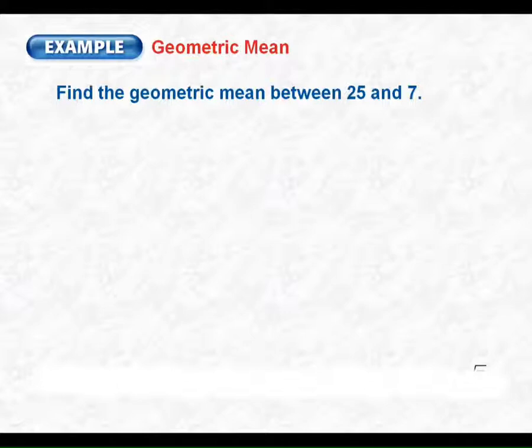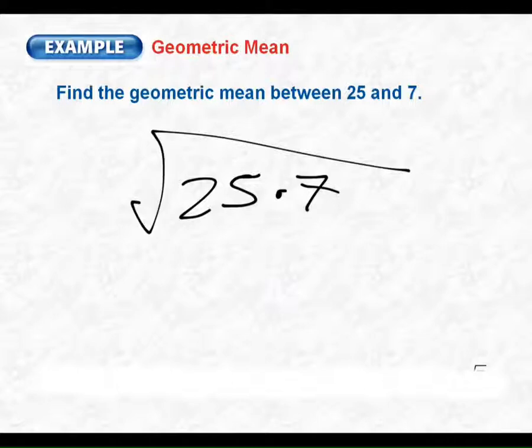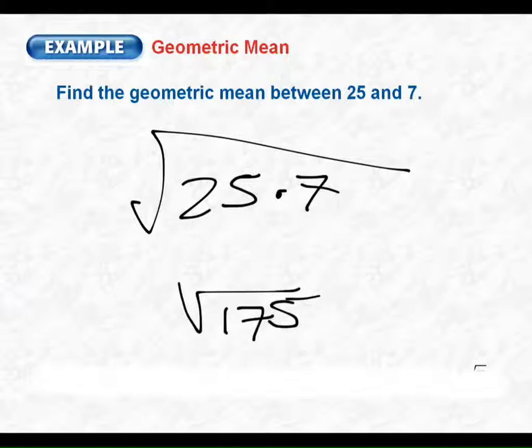All right, so let's check this one. The positive square root of their product. The product, 25 times 7, I want the square root of that. If you take 25 times 7, what is it? 175. Good, it's 175. But actually, since it was already written like this, I could simplify it from here, right?